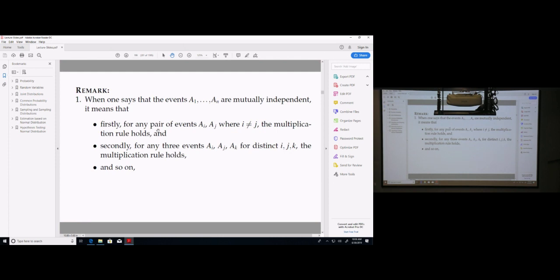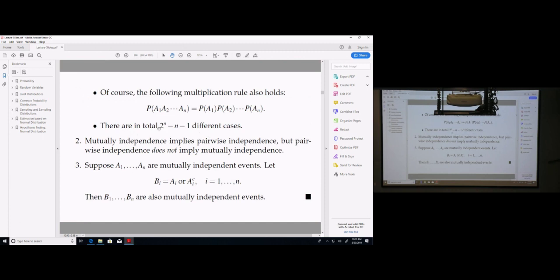In detail, you have to do it pair by pair. So you have to exhaust all the pairs, and then later you have to exhaust all the 3 at a time, and then later 4 at a time, and so on until everyone together. There are altogether 2 to the power n minus 1 equations that you have to verify.